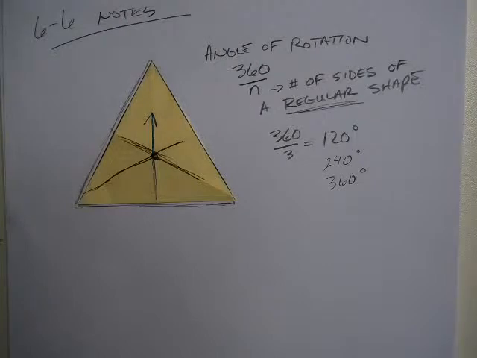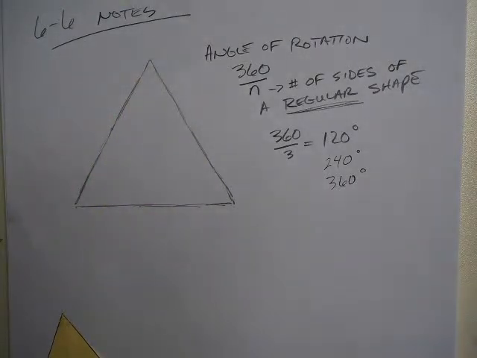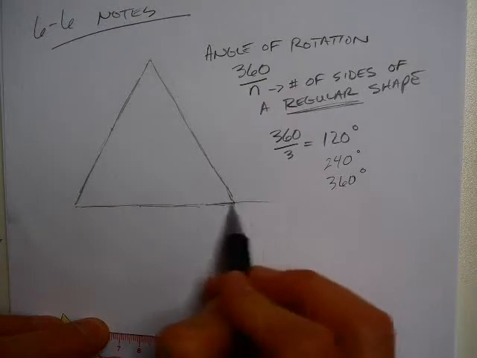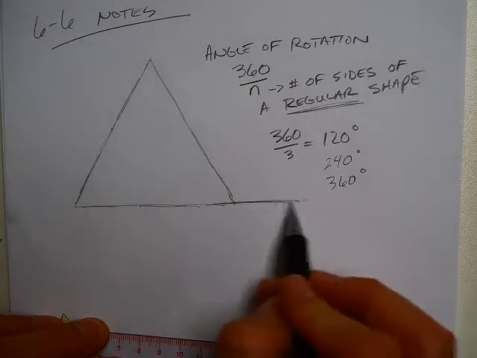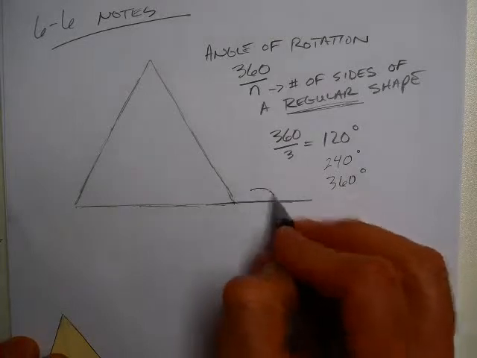Now, what I want you to do, Daniel, head up, please. What I want you to do is on your picture, you can just sketch it. In fact, that's what I'm going to do. I'm going to just sketch this line out a little ways. Okay? This is an exterior angle.